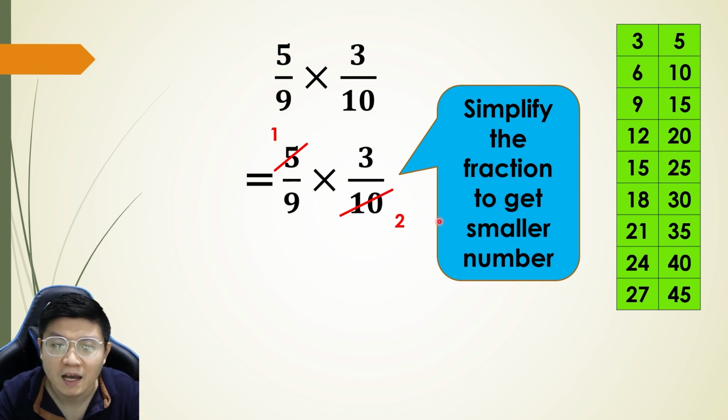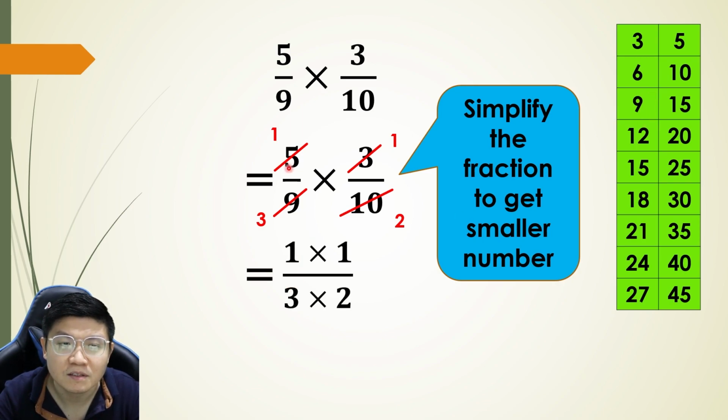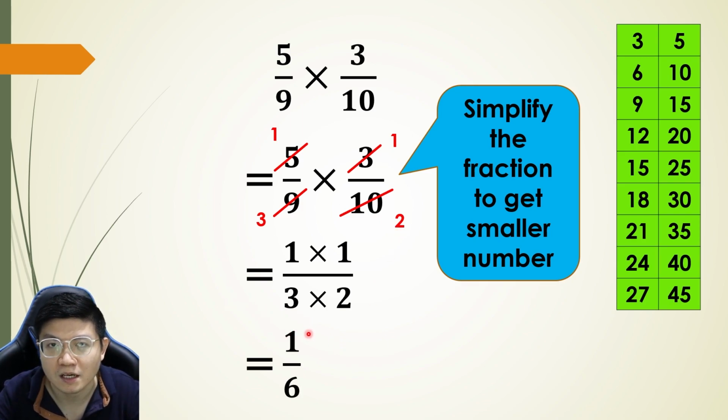So 1 and 10, when you simplify with 5, becomes 2 because 10 is number 2 here. As for 3 and 9, this is under times table 3, whereby 3 becomes 1 and 9 is 3, right? 9 is third place. Okay, after that, you write down the simplified numbers. So 1 times 1 over 3 times 2. Therefore, the answer is 1 over 6.